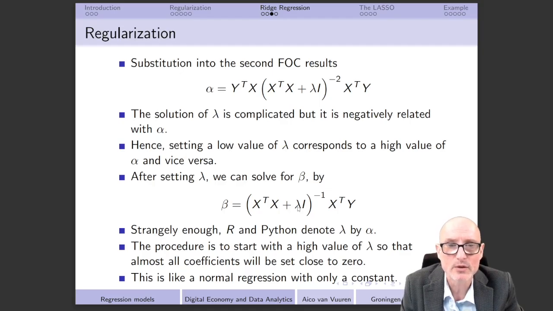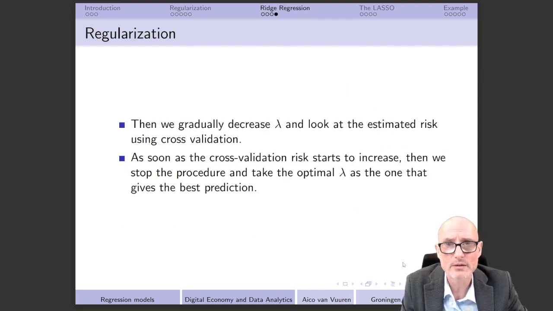Well, that's most likely not going to be our best choice of the lambda, because that is almost like a standard regression only including a constant. This generally will not give us very low levels with respect to the cross validation risk.